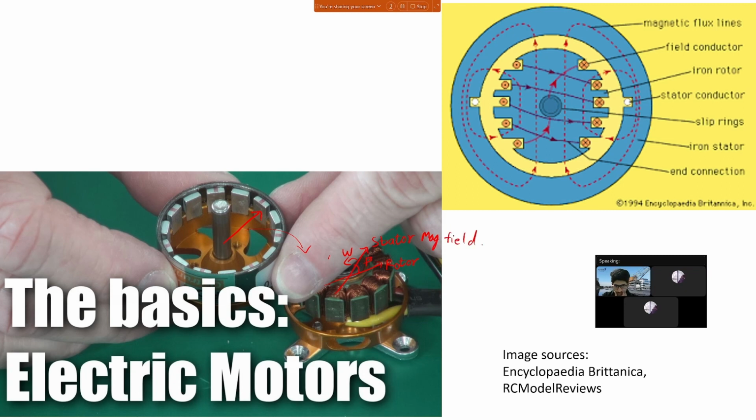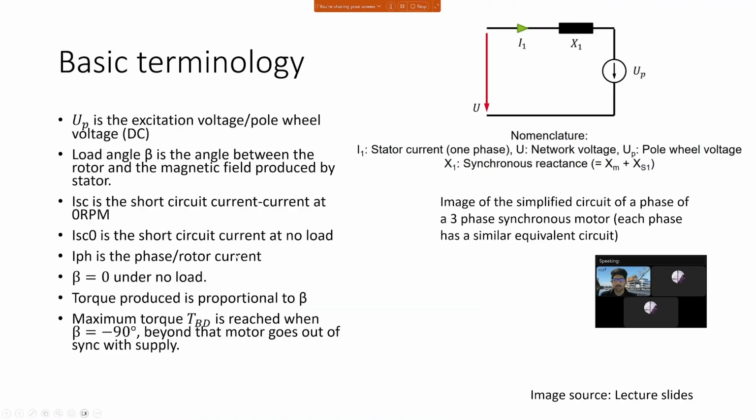And there are limits to how much this beta can become. Under no load, when there is no torque being made, there is no reason why this rotor will lag behind the stator. So it will be perfectly in sync because friction is almost negligible compared to the power the motor is making. So it will be almost 0 degrees in real life. Theoretically, we can take it as 0.